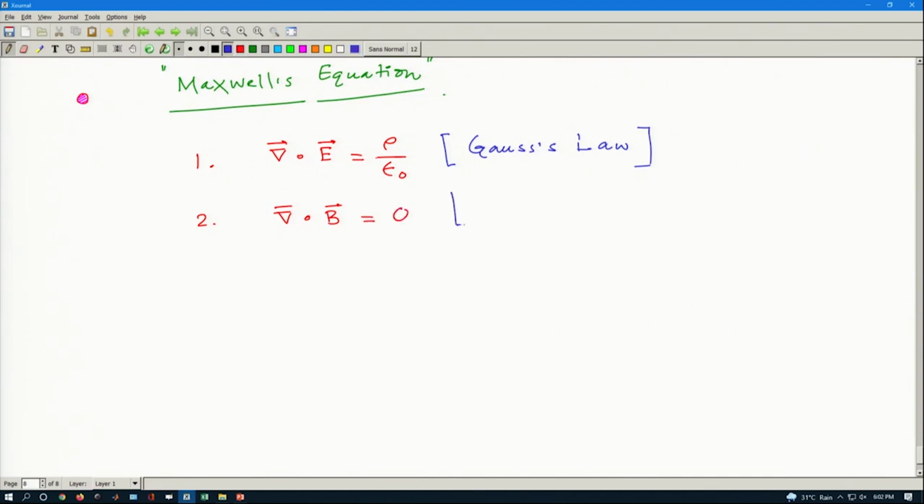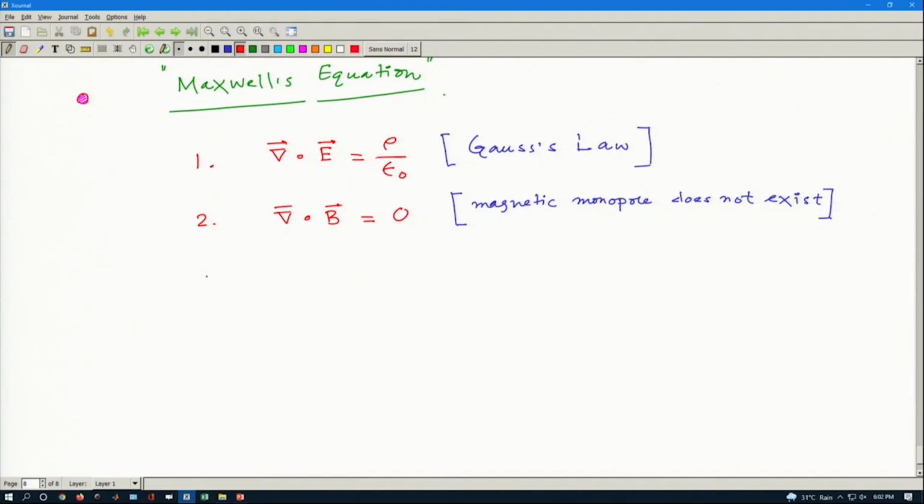That we find in magnetostatics, one of the fundamental equations, and that tells us that the magnetic monopole does not exist. That is the physical understanding of this.